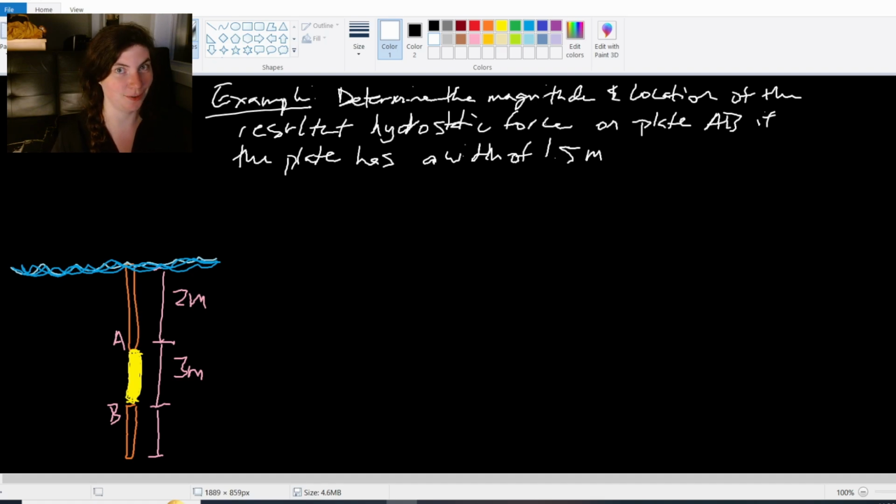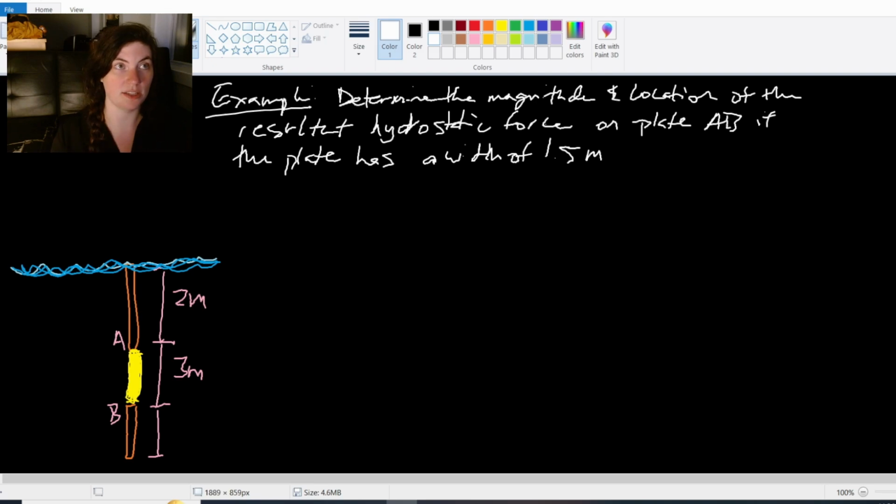Hydrostatic force acting on this submerged plate, this little guy in yellow, plate AB. We're going to find the pressure acting on the plate and turn this into a distributed load, and then use what we know about distributed loads to solve for the resultant force on this plate.